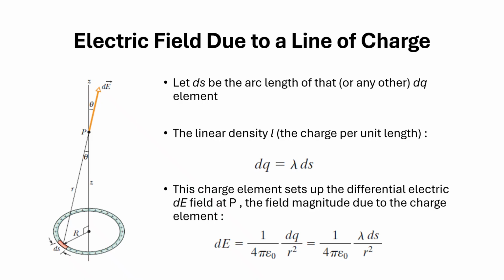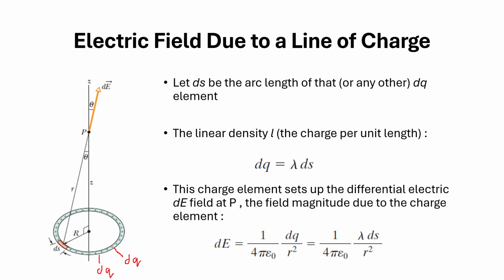For the linear density, here where is dq, dq is on this ring. You have a lot of dq here.